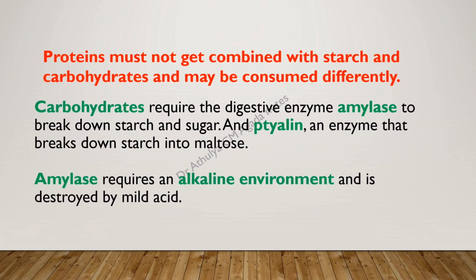And the reason for this combining is that proteins must not get combined with starch, and carbohydrates may be consumed differently. The carbohydrates require the digestive enzyme amylase to break down starch and sugar, and ptyalin, an enzyme that breaks down starch into maltose. But this amylase requires an alkaline environment and is destroyed by mild acid.